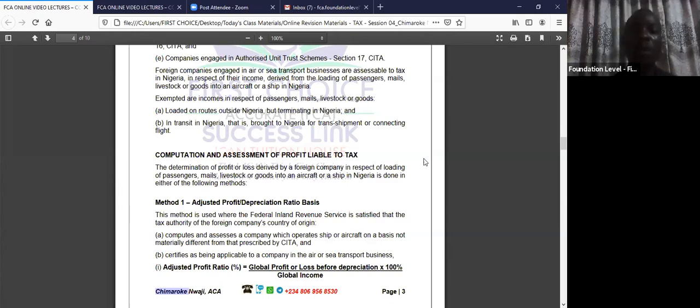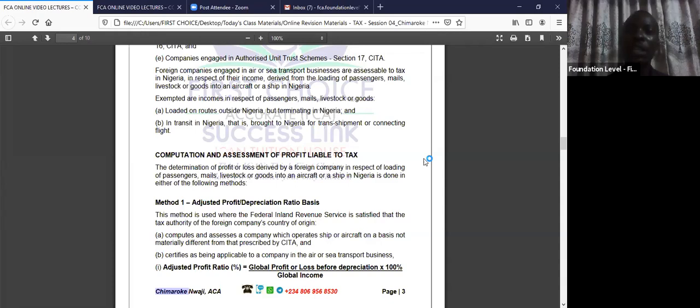So what we normally do is, instead of bothering with all the expenses that are Nigerian specific, all we do is we look at what we call global income. Global income is, in the eyes of Nigerian tax, made up of two parts: Nigerian income and non-Nigerian income.